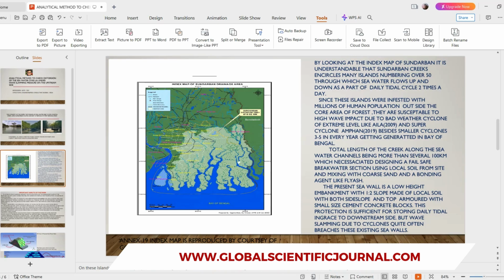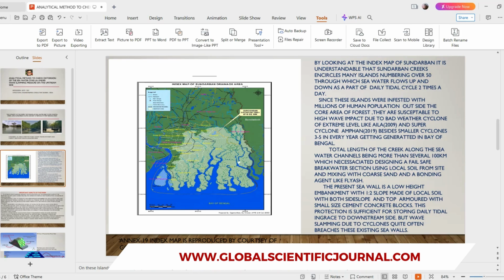The total length of the creek along the sea water channels is several hundred kilometers, which necessitated designing a fail-safe breakwater section using local soil from the site mixed with coarse sand and a bonding agent like fly ash.